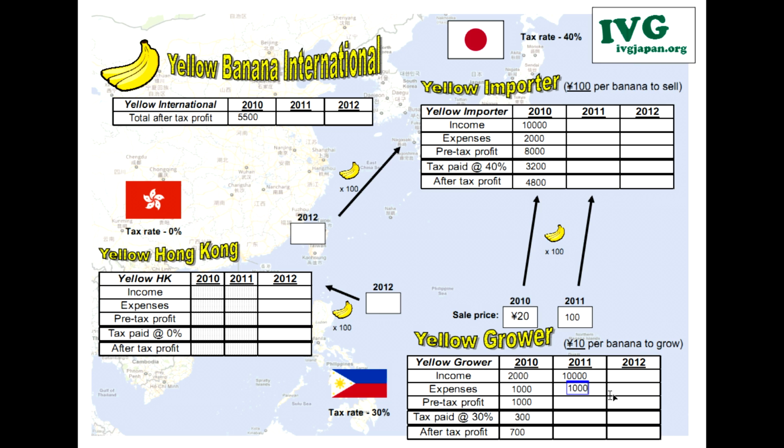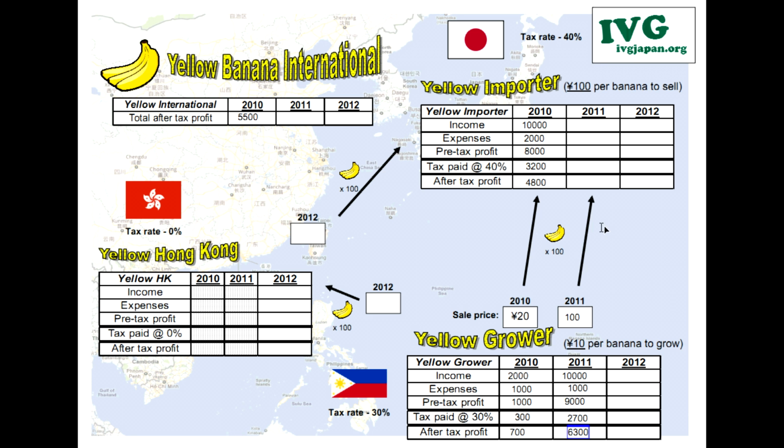Expenses are just the same, still growing those 100 bananas at 10 yen per banana, so expenses of 1,000, a pre-tax profit of 9,000, and therefore 9,000 times 0.3 equals the tax paid of 2,700 yen to the Philippine government, which means an after-tax profit of 9,000 minus 2,700, which is 6,300.